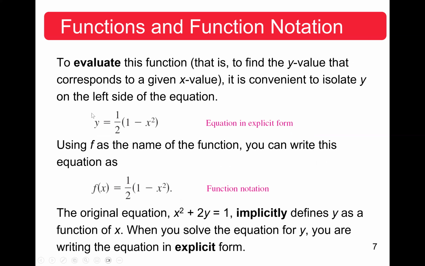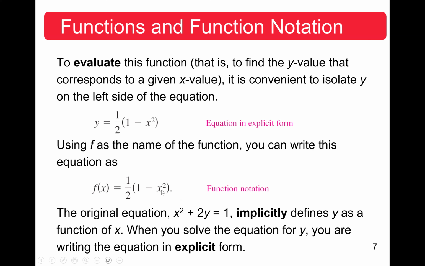So that's what we have here. To evaluate this function, that is, to find the y value corresponding to a given x value, we get y equals half times (1 minus x squared). Now, using f as the name of the function, we can write this as f at x equals half times (1 minus x squared).